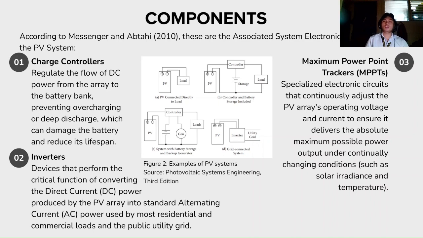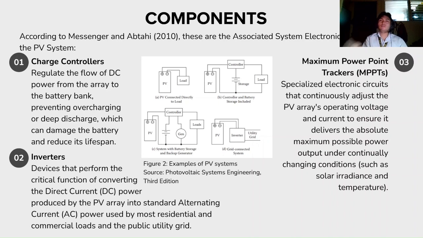Now, the maximum power point tracker is a specialized electronic circuit that continuously adjusts the PV array's operating voltage and ensures it delivers the absolute maximum power under continual charging conditions. Of course, the voltage produced by the solar panel is not fixed, unlike a variable power supply where you can adjust it, like I want 15 volts, then it only produces 15 volts.